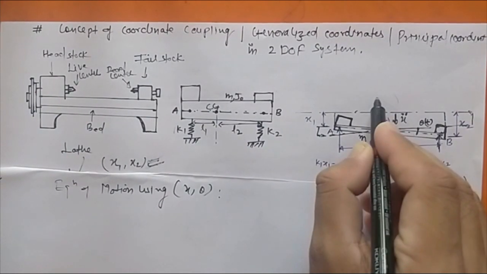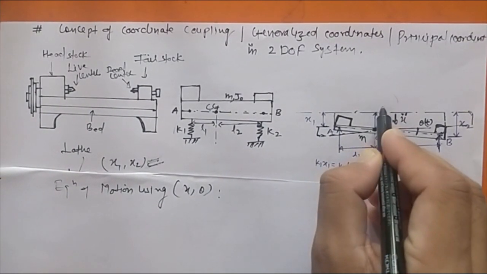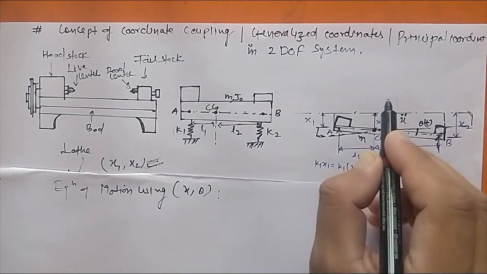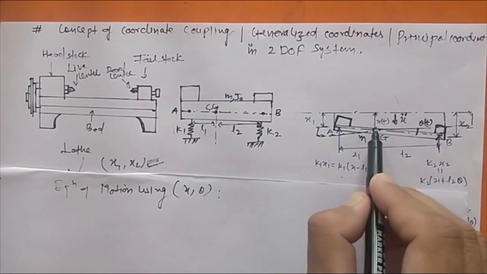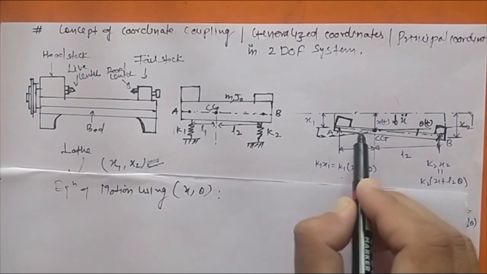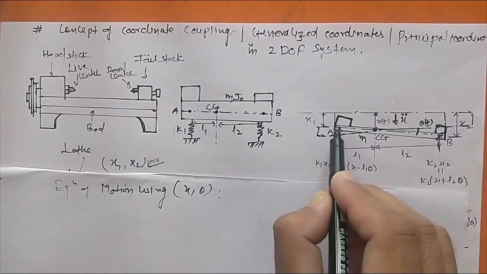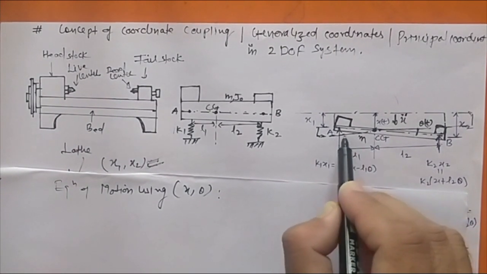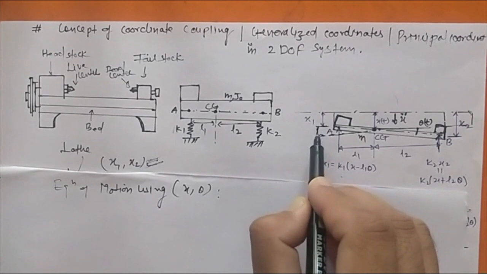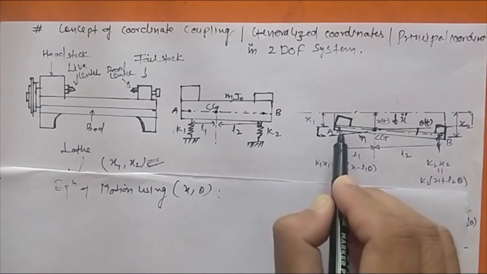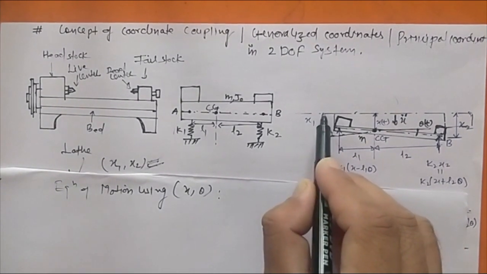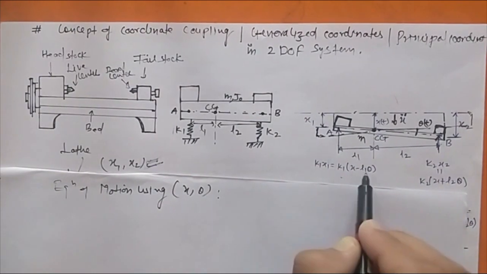So we can say in the upward direction there would be an m x double dot force. And if this displacement is x, then the linear displacement of point A would be, if this is x, this would be L1 into theta. So x1 would be x minus L1 theta.